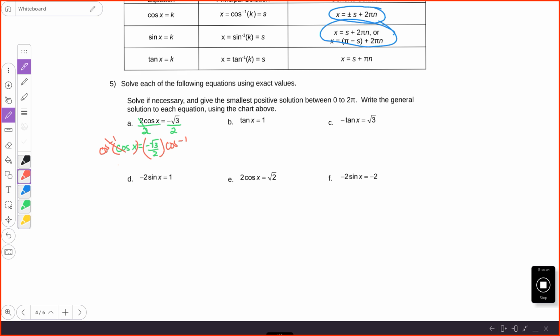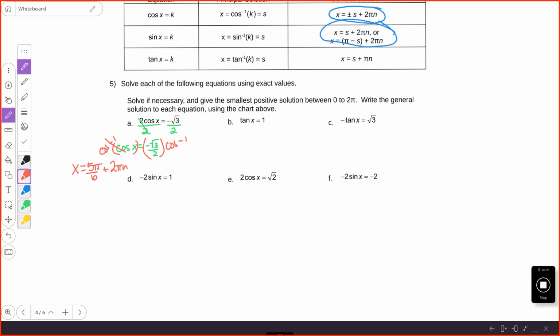No. It's positive in 4. Oh, so it'd be 2 and 3. So I need the pi over 6 that's in quadrant 2. What pi over 6 is in quadrant 2? 5 pi over 6. And I can add 2 pi in.